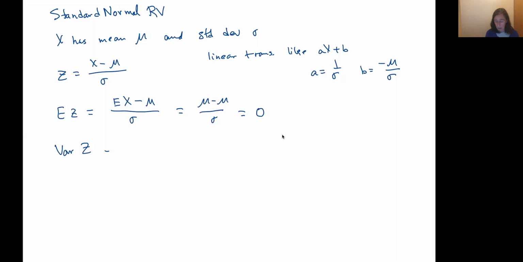So here our a term is 1 over sigma, so it is 1 over sigma squared times var x.